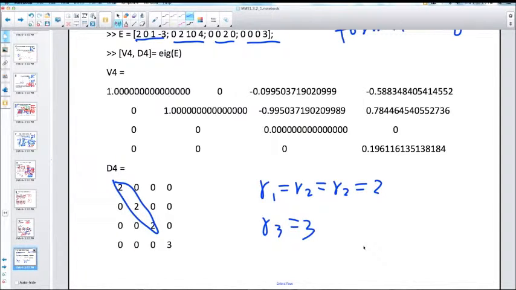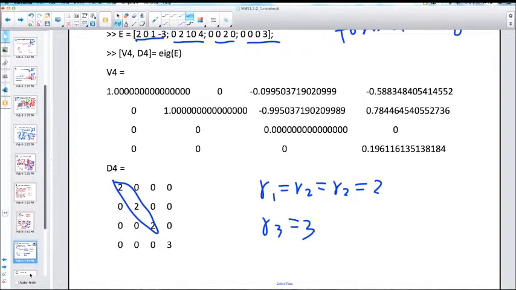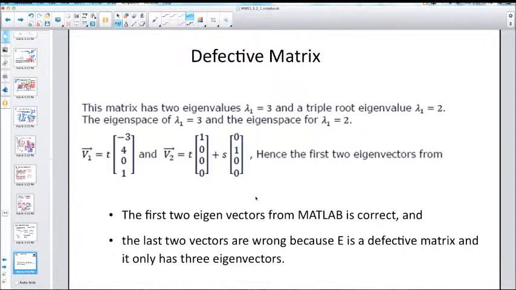And actually, if you compute the eigenvectors by hand, there are 3 independent eigenvectors.